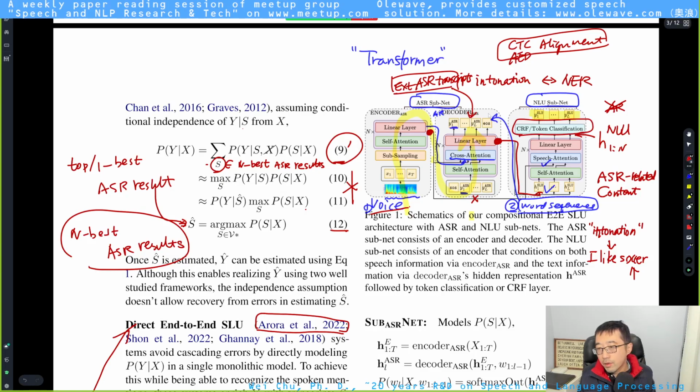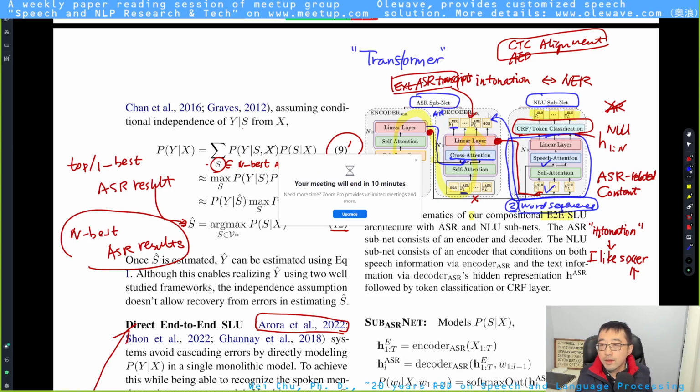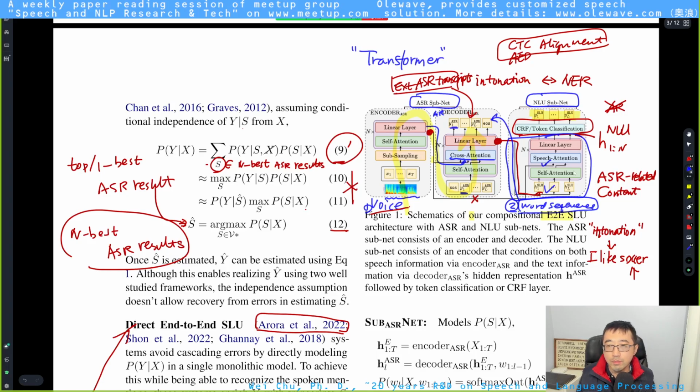This is just what I'm thinking, because all these parts are heavily related to the speech. This part is still related to the speech, but only this part you could relate to just an NLU. This is probably what they were talking about.